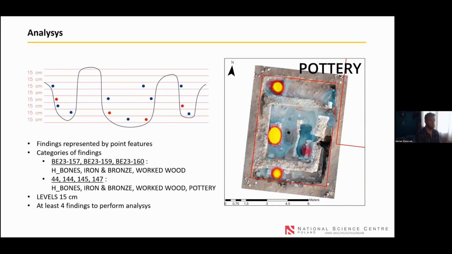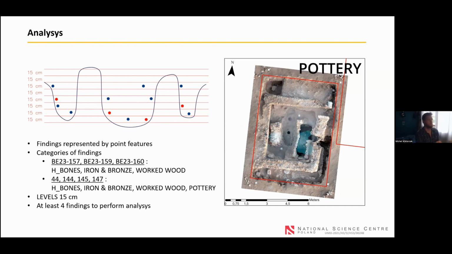So we divided each trench into levels, and each of them had a height of 15 centimeters. And the program checked if there were any findings in categories. For example, the categories we were interested in were pottery, iron and bronze, human bones, and worked wood.